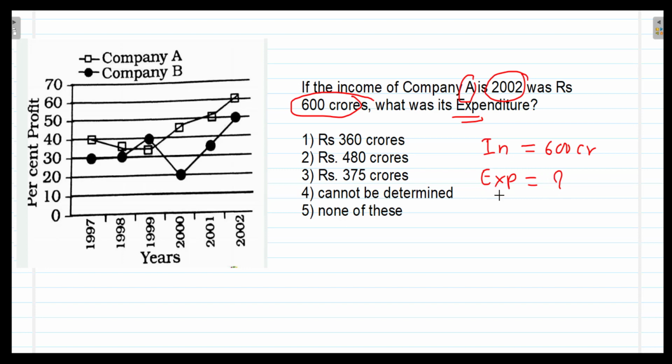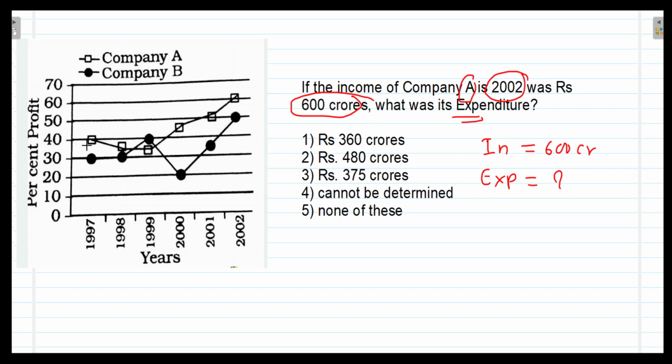To find the expenditure, you will need the profit, because expenditure will be equal to income minus profit. But still we do not know the expenditure, so we cannot find the profit because profit is calculated on the expenditure.